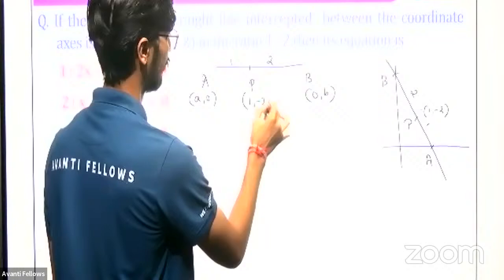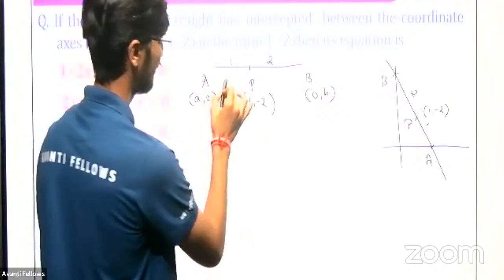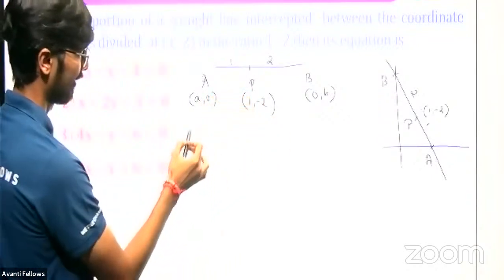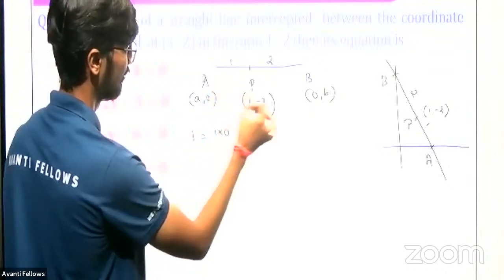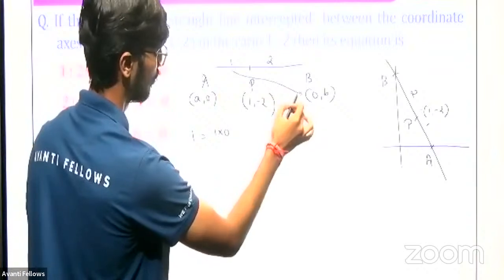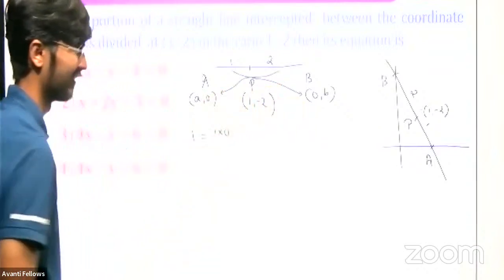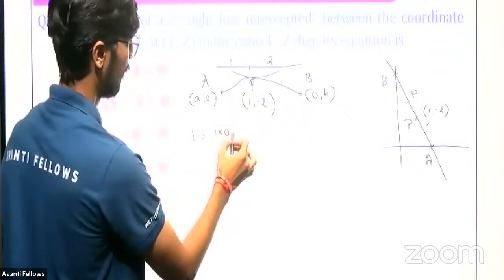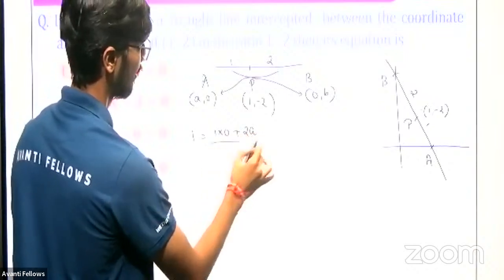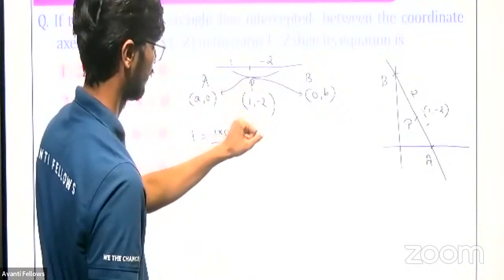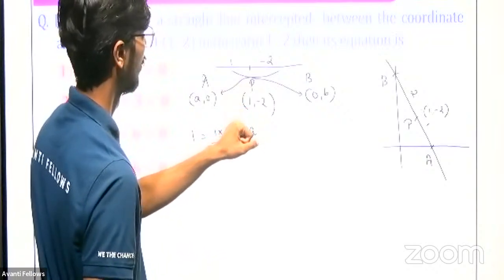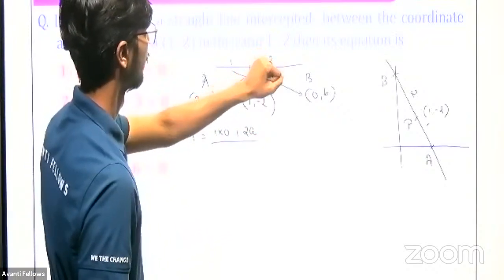The coordinates of point P are 1 comma minus 2. If we apply the section formula, I get 1 is equal to 1 into 0 plus 2 into A upon 1 plus 2. Oh sorry, 1 is to 2 it is.